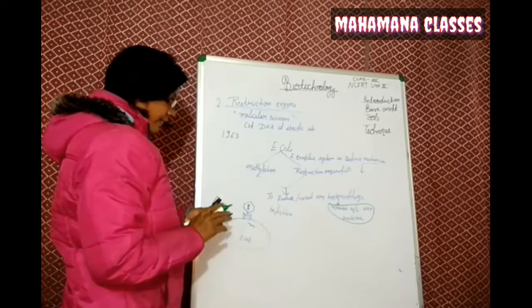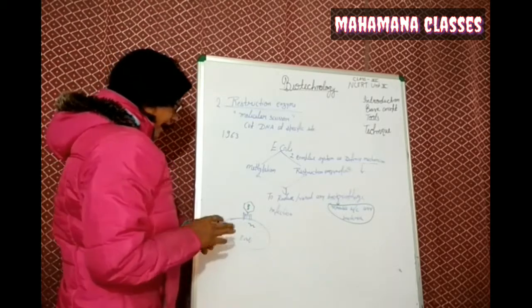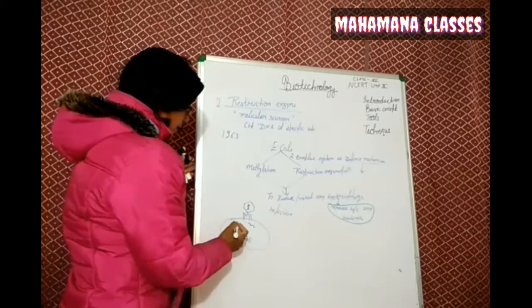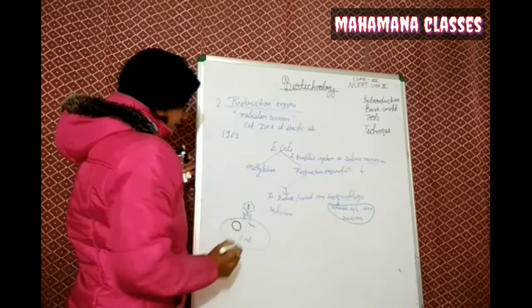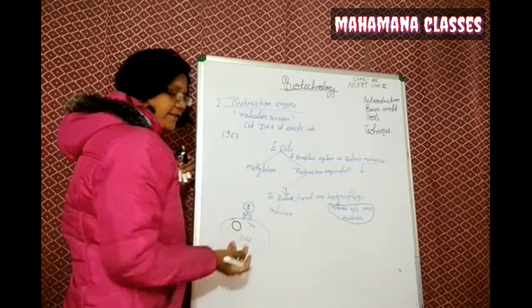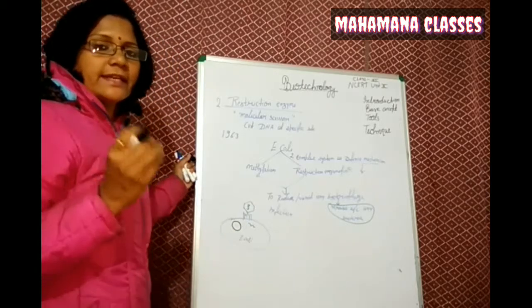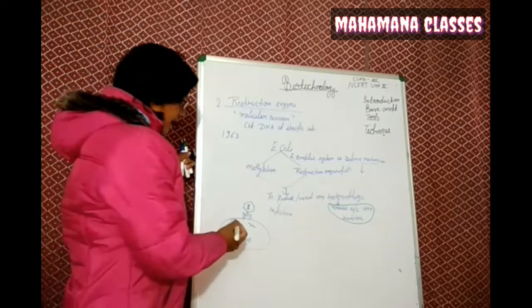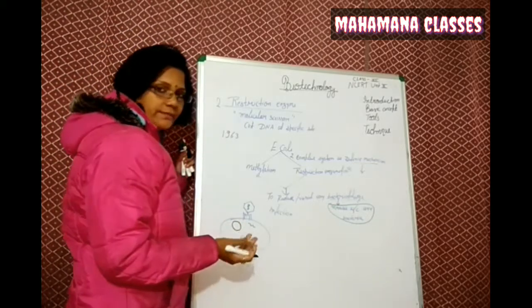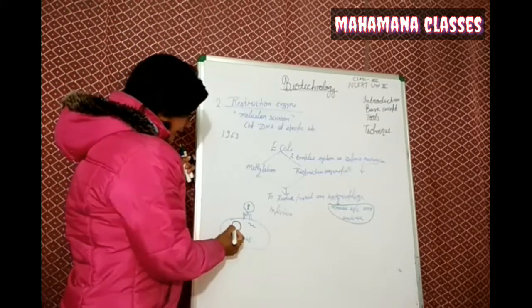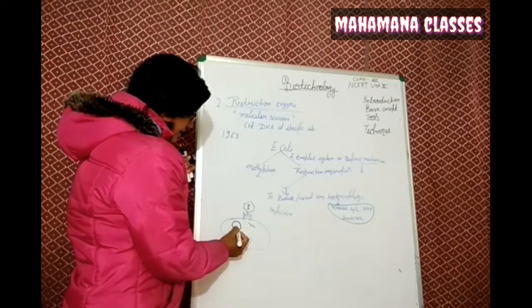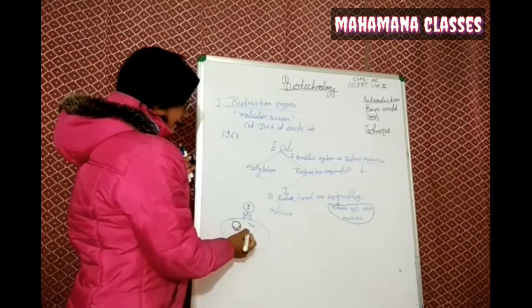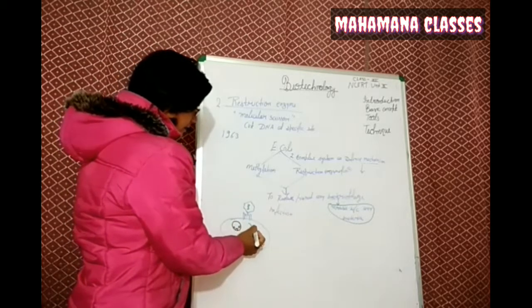In the E. coli, its genetic material is like this. As we know, in DNA there are sequences of nucleotide bases: A, T, C, G. There may be A, T, C, G, something like that, or the same may be here also.